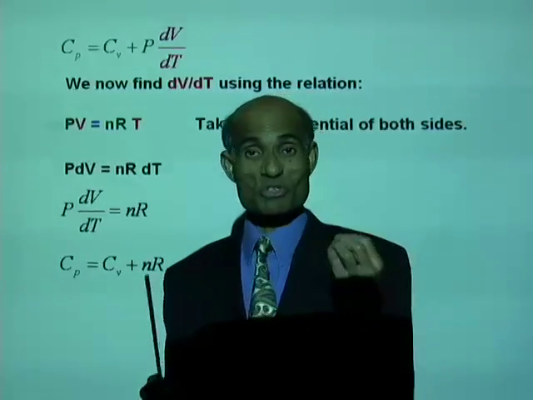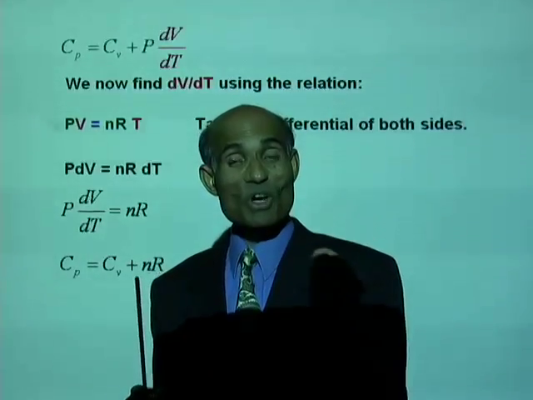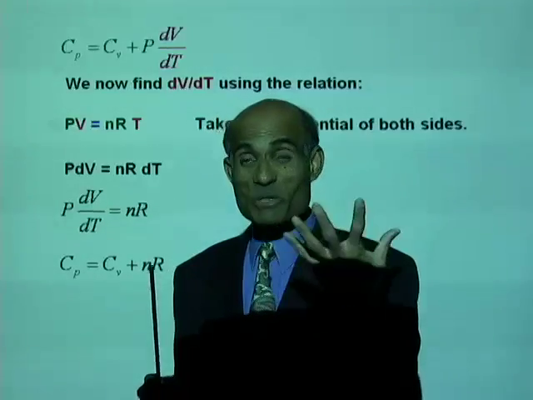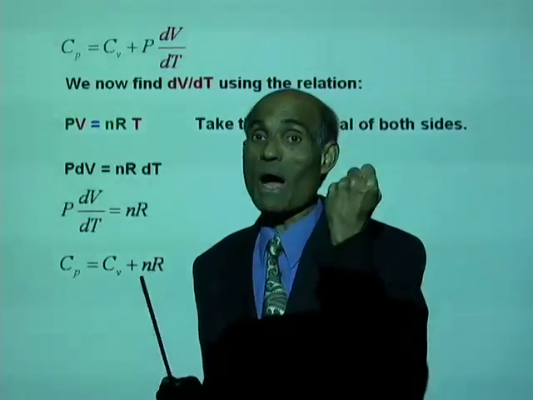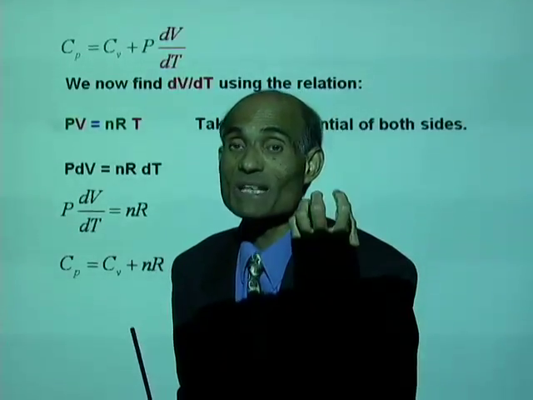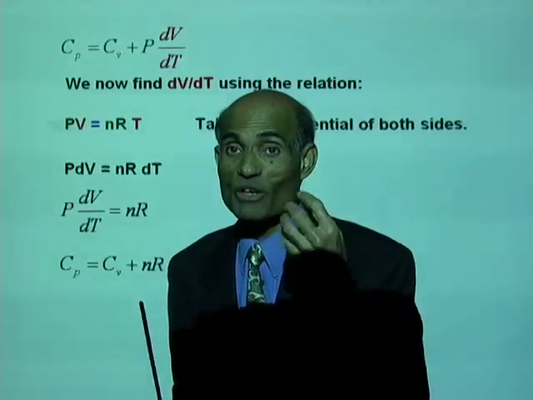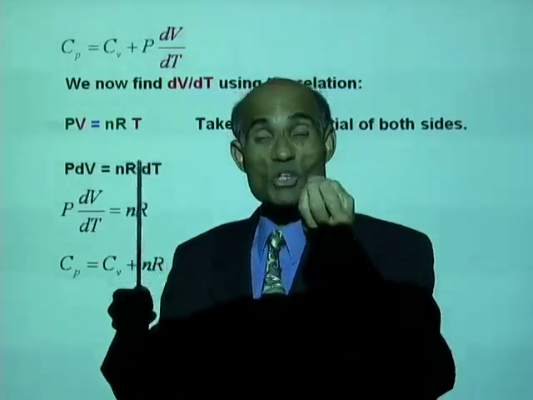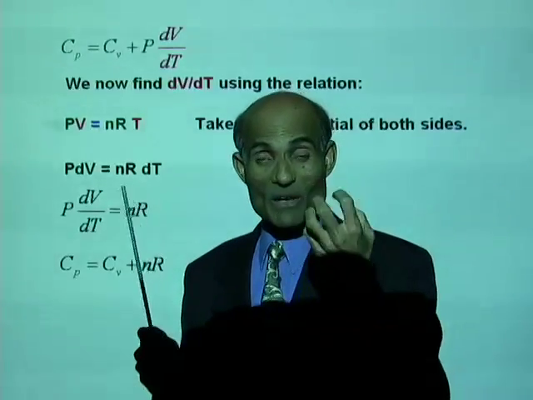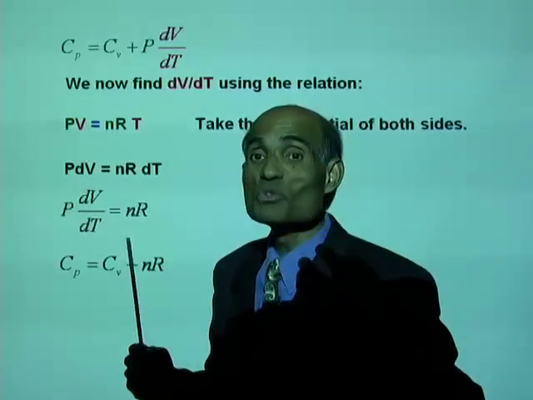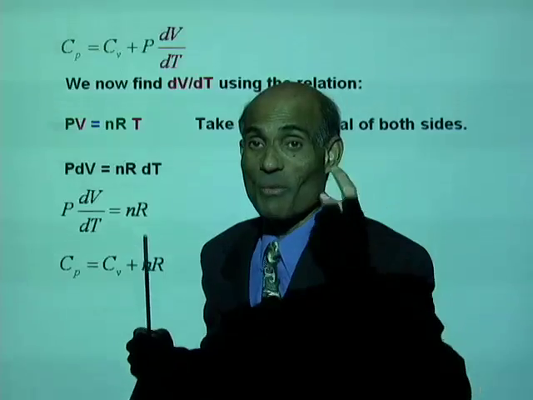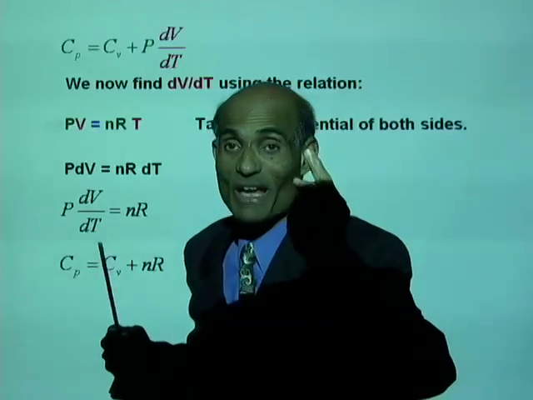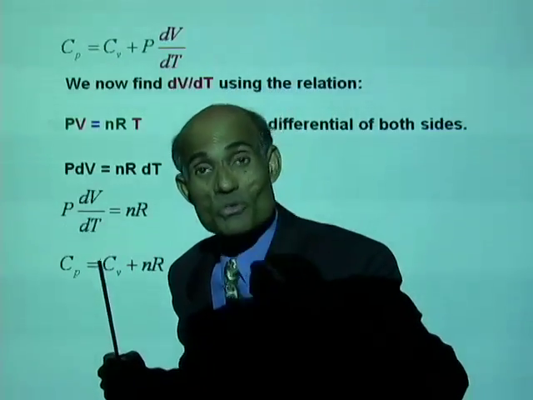Now, which of these is greater, Cp or Cv? Cp is definitely greater. Why? Why is Cp greater? Because when you supply heat to an amount of gas at constant pressure, that heat is used in two ways. One, to increase the internal energy, and two, to do work.